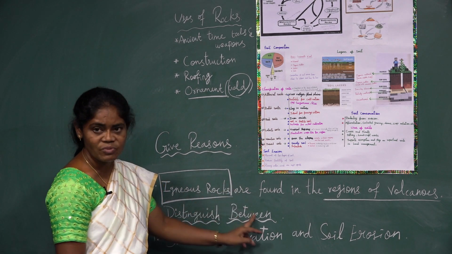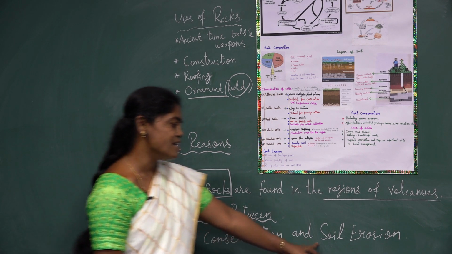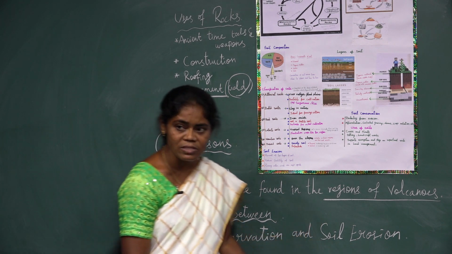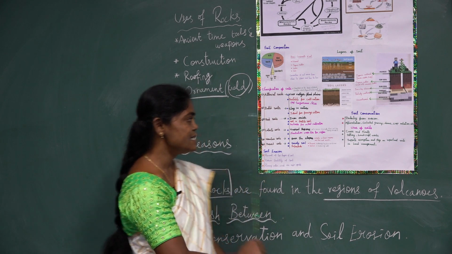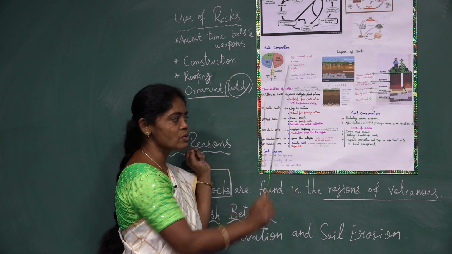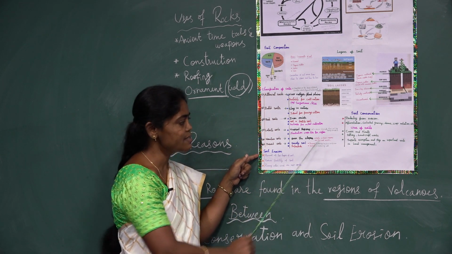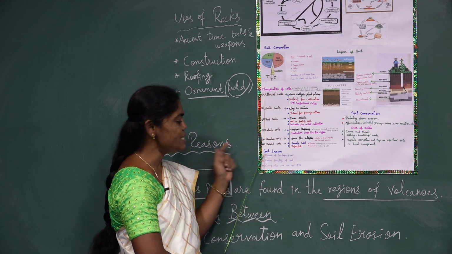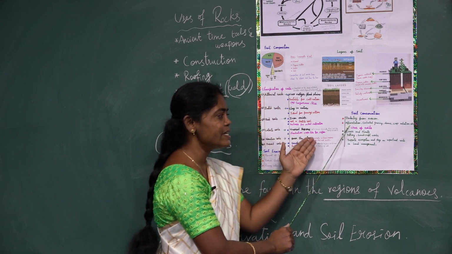Next one, distinguish between soil conservation and soil erosion. Conservation means preservation, how to preserve the soil. Erosion means removal of the top layer. Protecting soil from erosion, we can conserve the soil. In erosion, there is removal of the top layer of the soil. This is the difference. And how can we preserve?